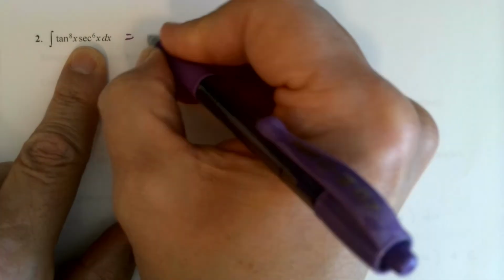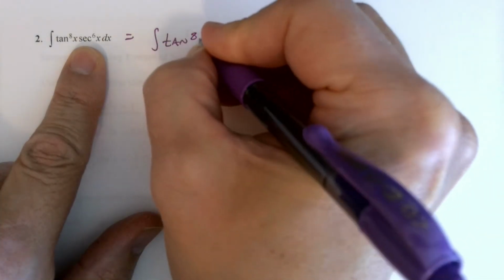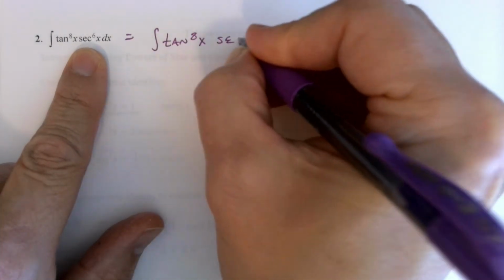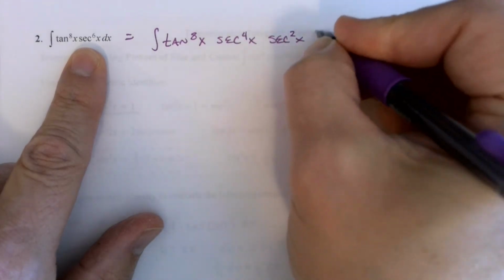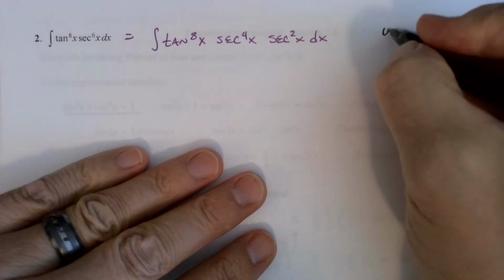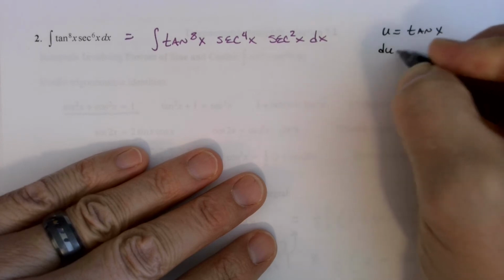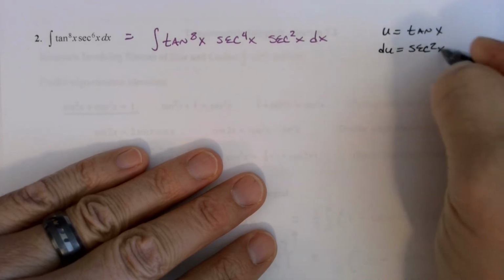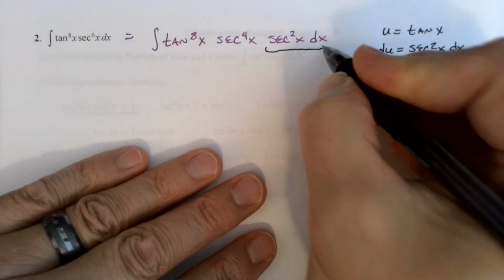So I'm going to peel one secant squared factor, which is going to leave this time secant to the 4th. Again, I'm going to let u be tangent x, so my du is secant squared x dx. That's got my du.